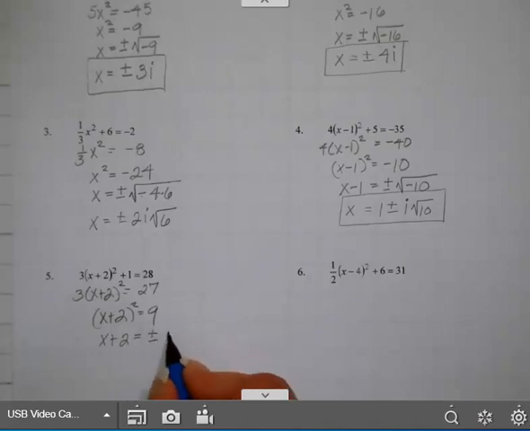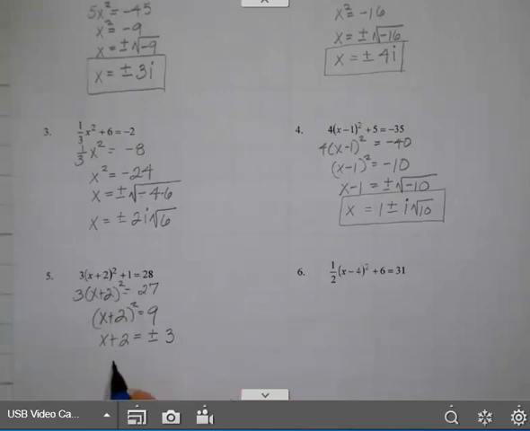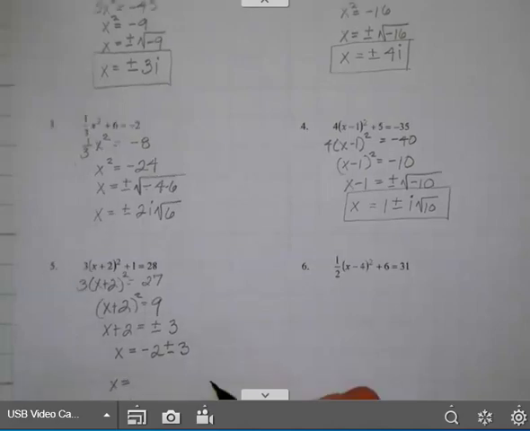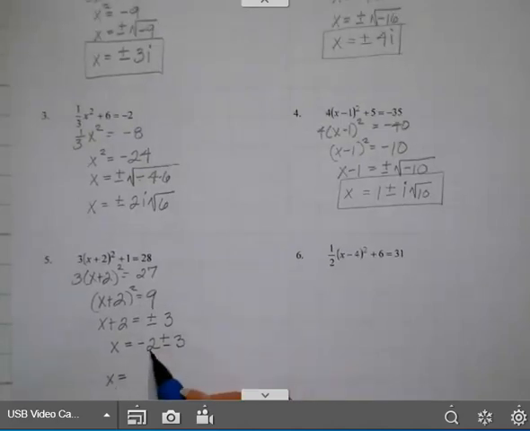That doesn't have a negative on it. So this will just be 3. And then move the 2 to the other side, so I'll subtract 2. So x equals negative 2 plus or minus 3. And I can simplify this because I can combine those together. Negative 2 plus 3 is 1. Negative 2 minus 3 is negative 5.